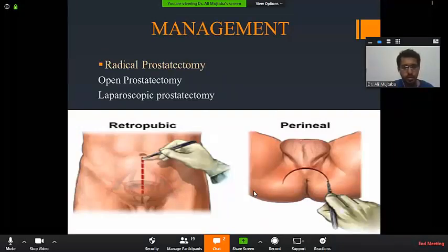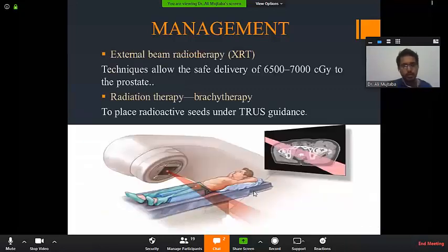It includes open and laparoscopic prostatectomy. Open prostatectomy is done by retropubic and perineal approach. This allows the safe delivery of high doses of radiation to the prostate.